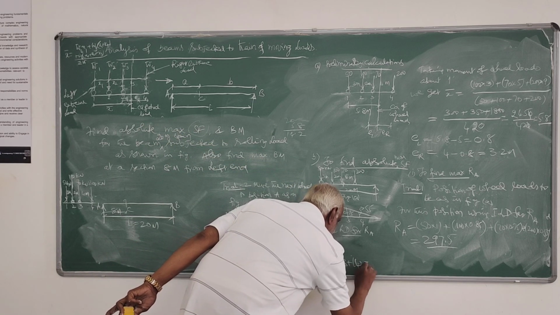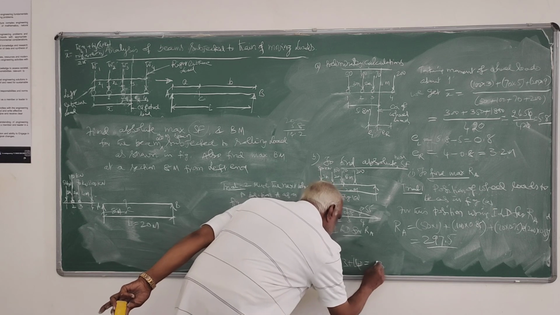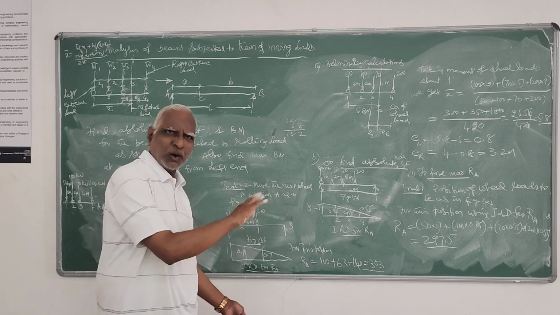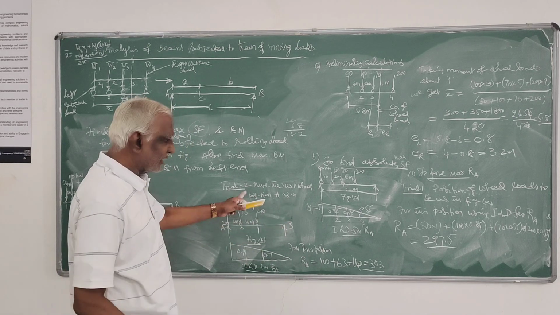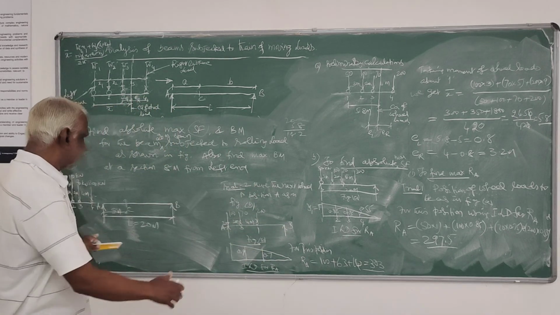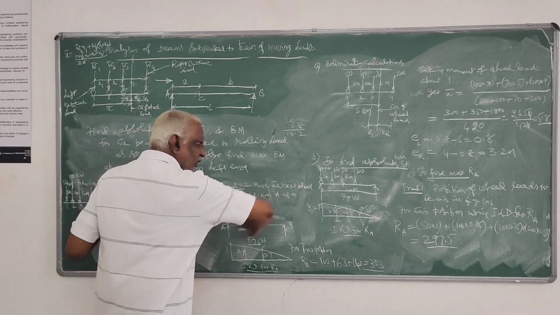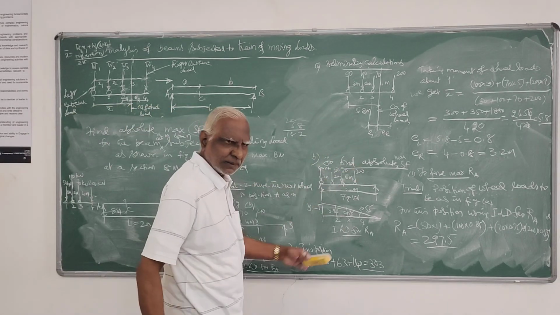So this value will be 303. More than that, so one more trial. I think that trial will give you the maximum, because we are allowing the loads to move like this. You can go from the other end also and repeat it.